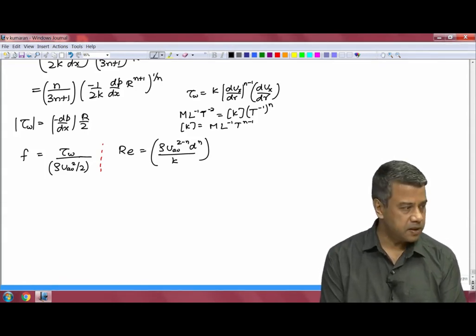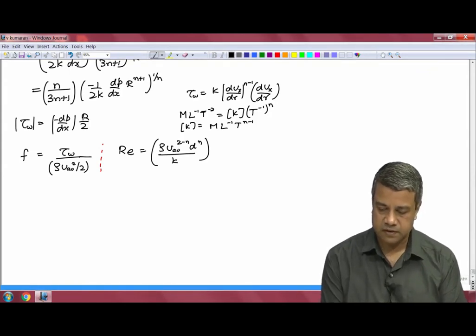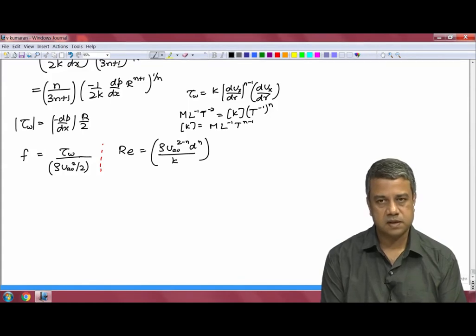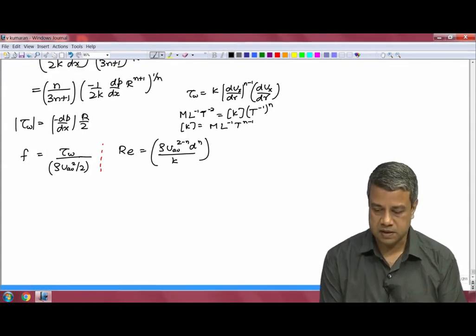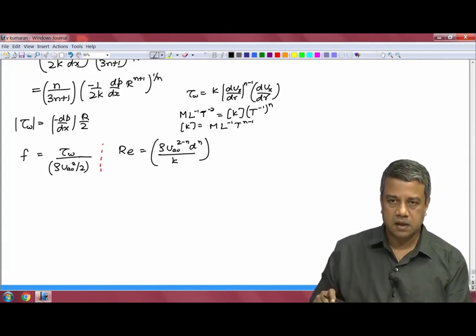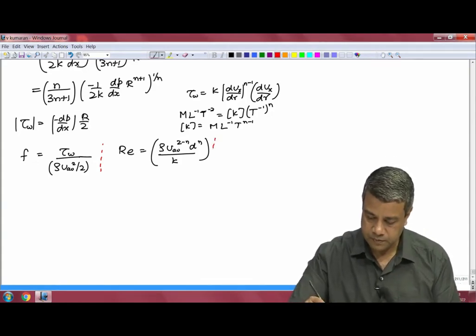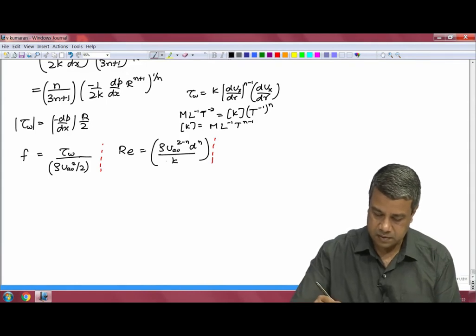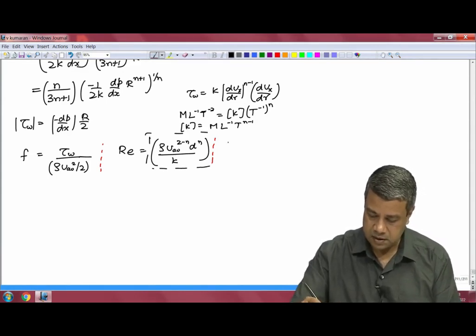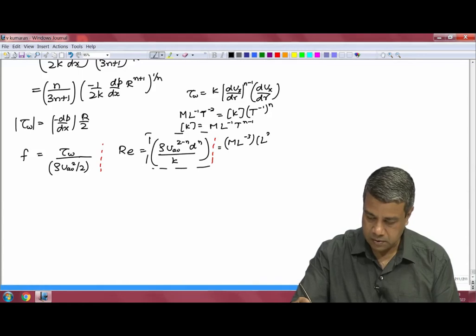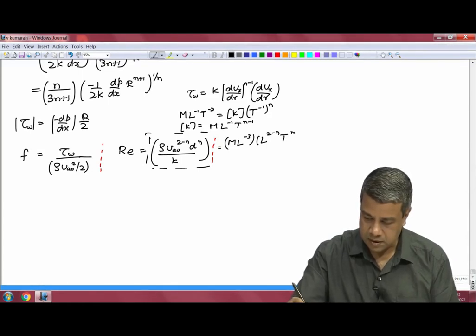So, if I have to construct a dimensionless group consisting of the average velocity and the diameter and the flow consistency index kappa, okay, if I take this dimensionless group here, this is M L power minus 3 into L power 2 minus n t power n minus 2 into L power n, okay, D power n is L power n, divided by M L inverse t power n minus 2.